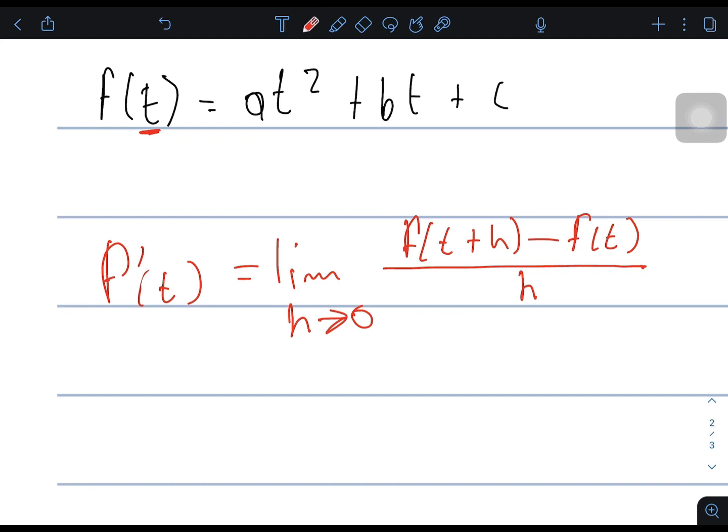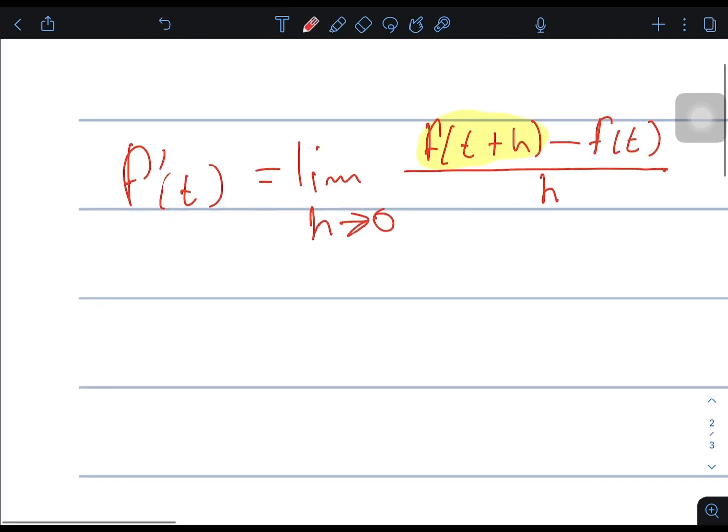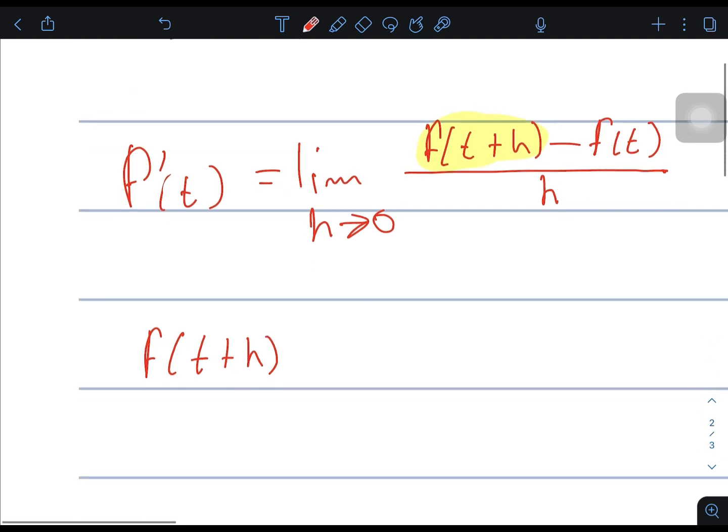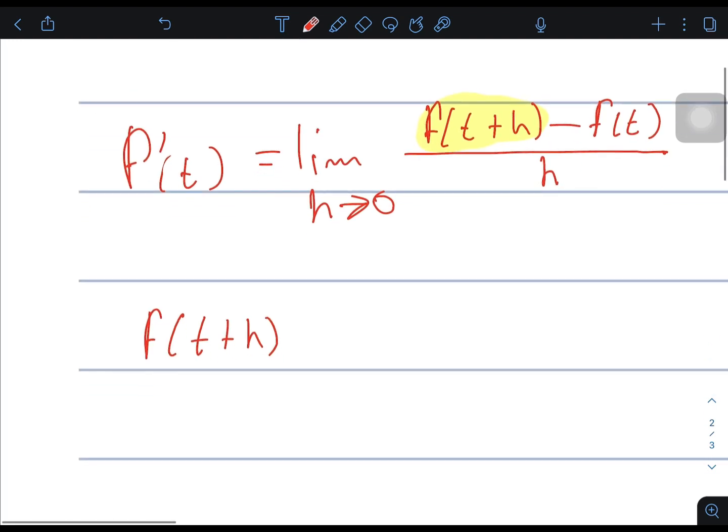So guys, the first thing I said was let's first calculate f of t plus h. So let's put that f of t plus h, meaning where there is t I put in brackets t plus h.